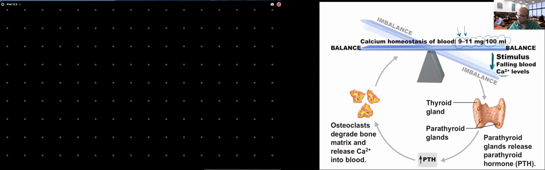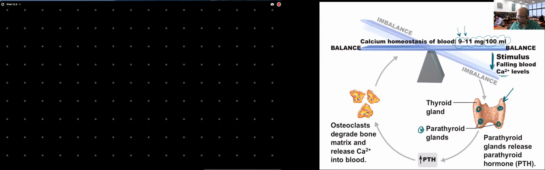And this drop in the blood calcium level is going to be detected by 4 tiny little glands that are located in the back of the thyroid gland. Those tiny little glands are the parathyroid glands.